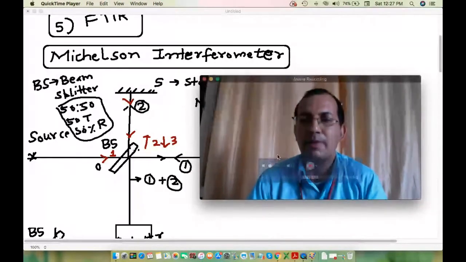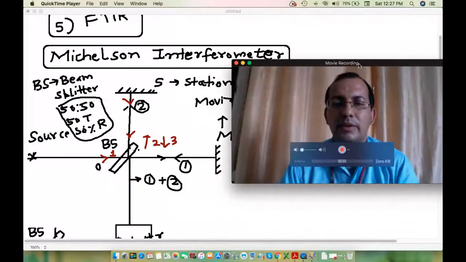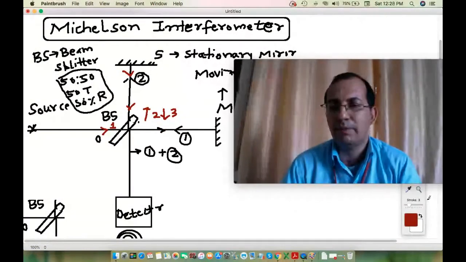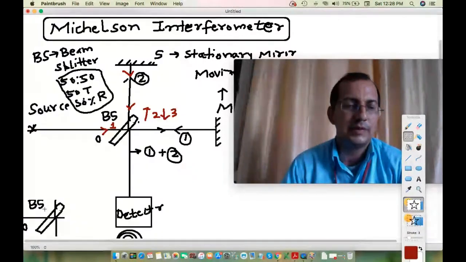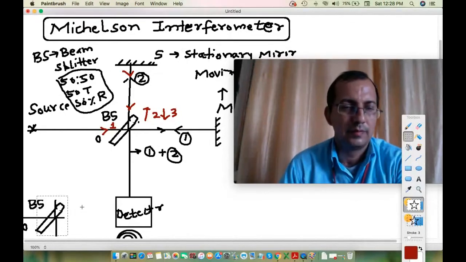In order to compensate for that, in some of the Michelson interferometer experiments you will see that some people use an additional beam splitter.